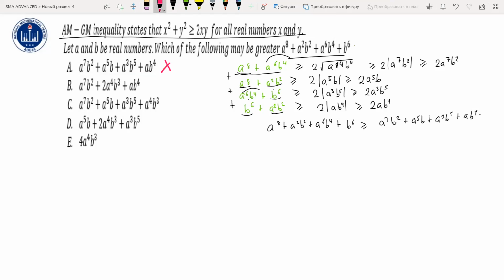Option B and option A have some common terms. This is common to both of them, and this is common to both of them. So the only difference is these middle terms.